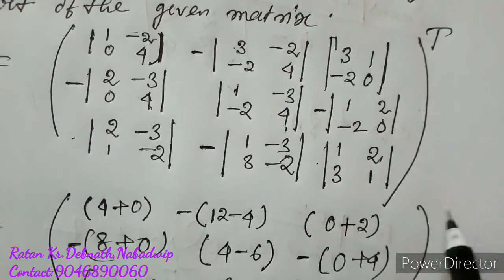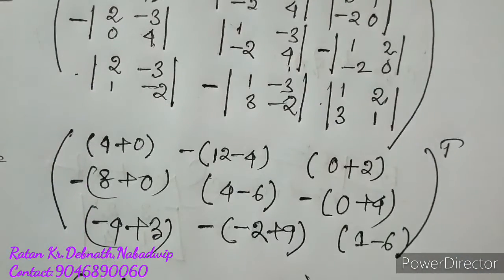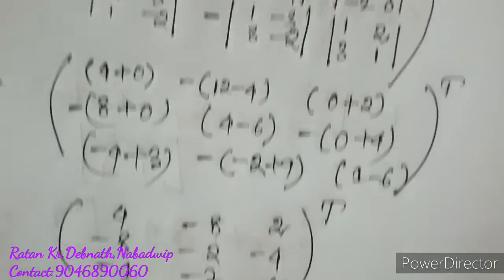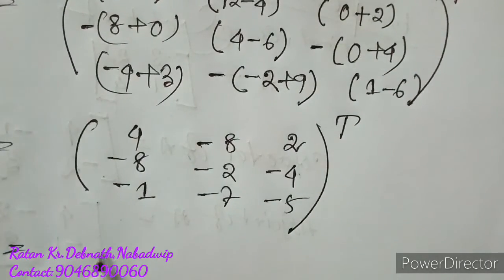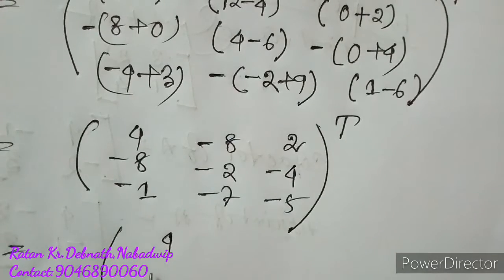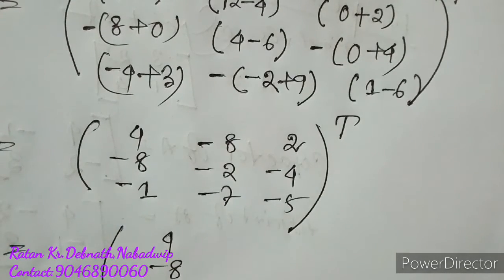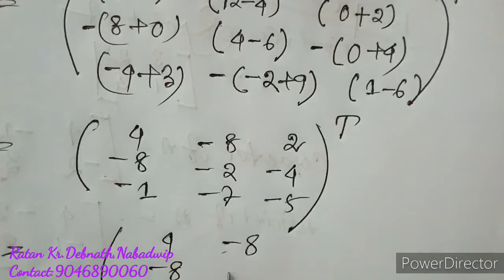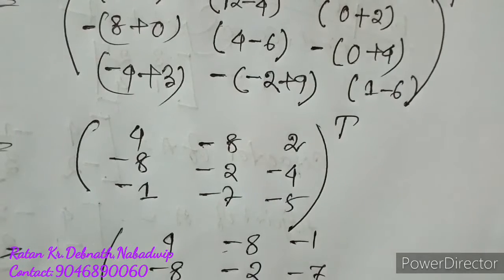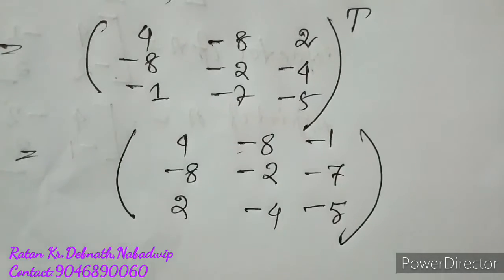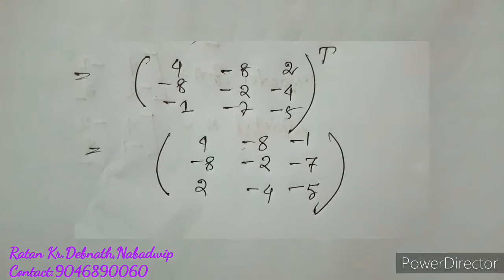Now let us transpose it now. 4 -8, 2 -8 -2 -4 -1 -7 5. Which is the adjoint of the given matrix.